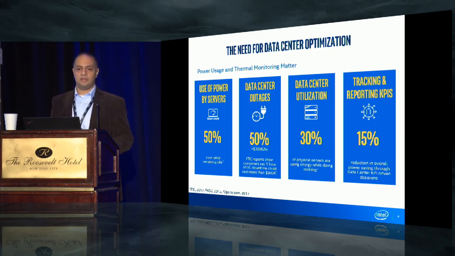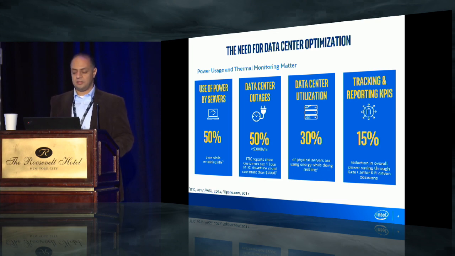The rest goes on things like cooling and lighting, etc. And it's estimated that around 50% of all data center outages cost those data center managers more than $300,000 per hour. And that's for a typical sized data center. And I'll show you a couple of recent examples on how bad that was in some cases.